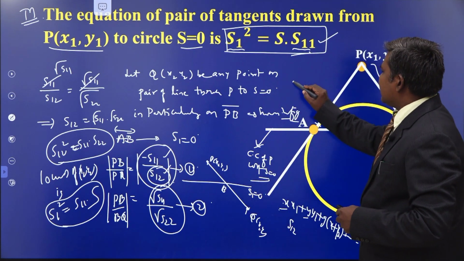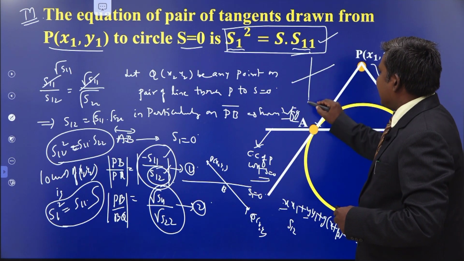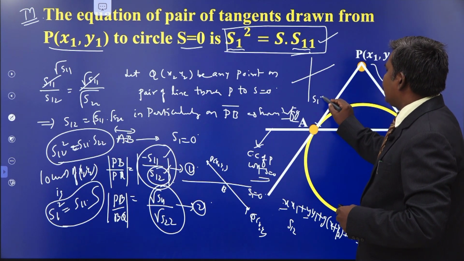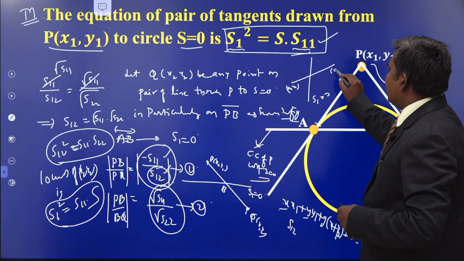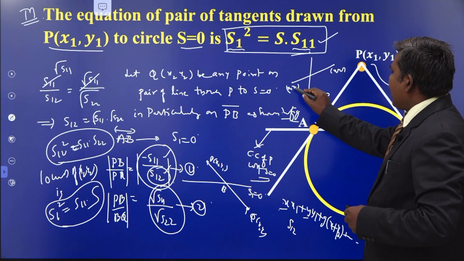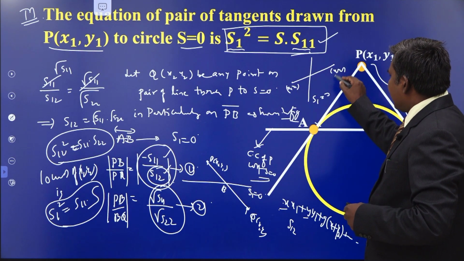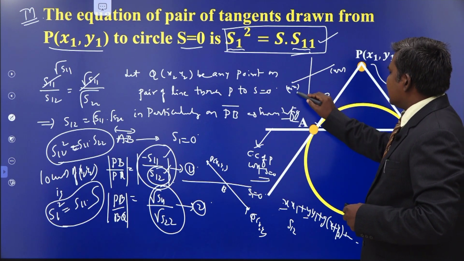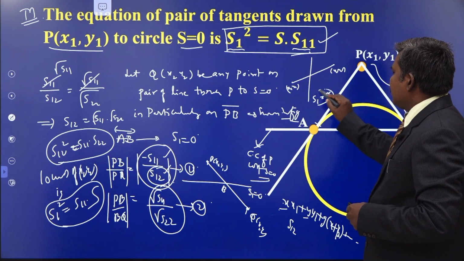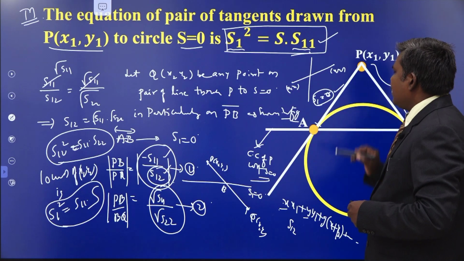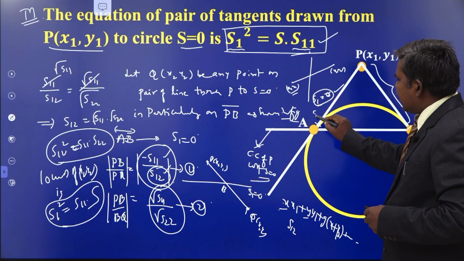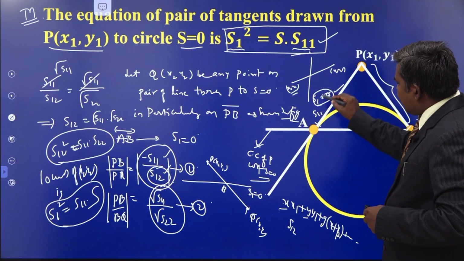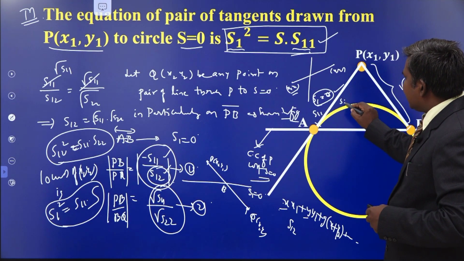So, only the major thing is here. Suppose some line S1 equals 0 divides (x1, y1) and (x2, y2) in the ratio S11 is to S12, minus S11 is to S12. Here instead of L1 we have S1 equal to 0. Substitute x1, y1 in S1, we get S11. Substitute x2, y2 in S1, we get S12.